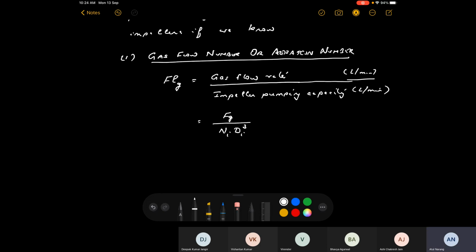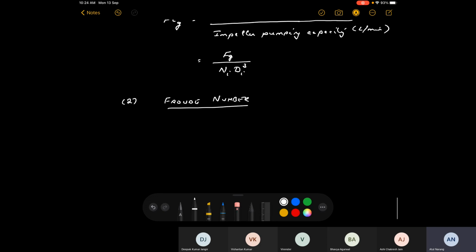And the second thing you need to know is what is called the Froude number. This you should have seen in the transport phenomena course. This is one of the many numbers that appears.